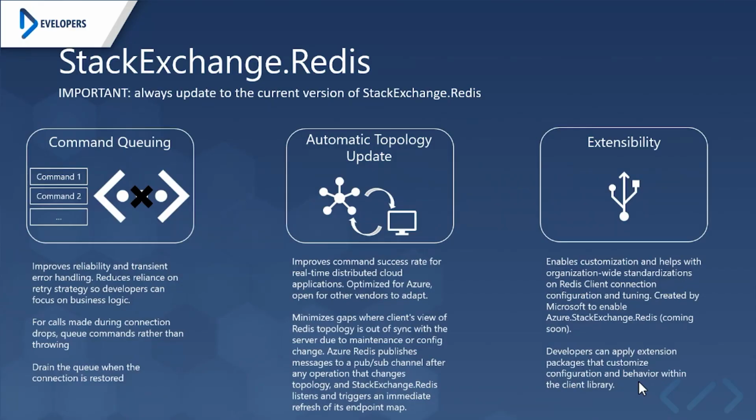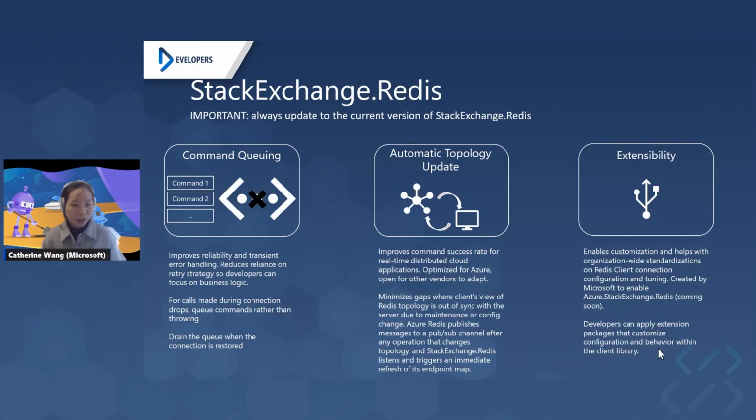The first one, command queuing. This is to improve the reliability and the transient error handling in your app. Basically, this means in the case of a Redis client connection failure, if there are commands just about to be sent out, we will queue them in a buffer. So when the client connection restores, these commands will be sent out.